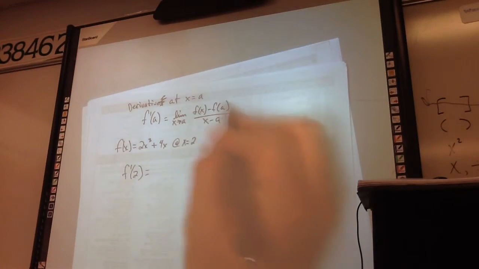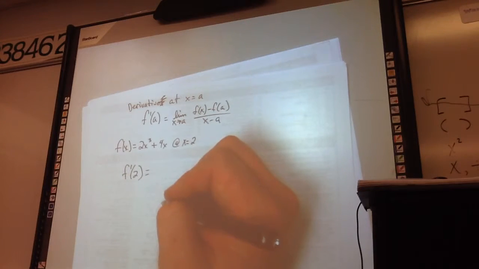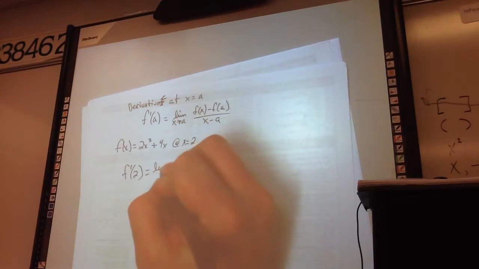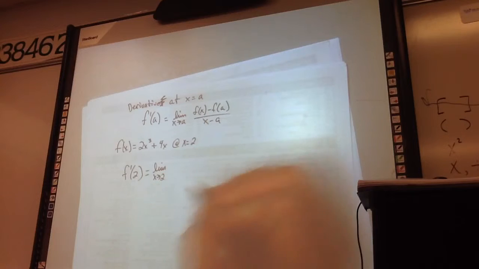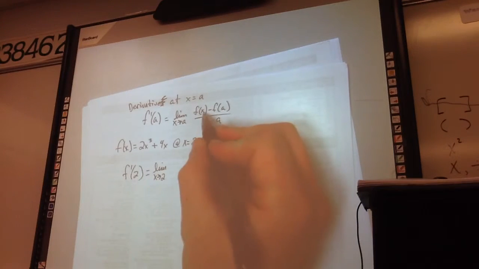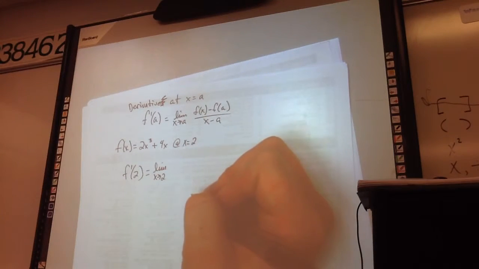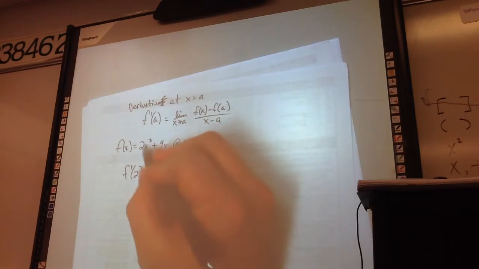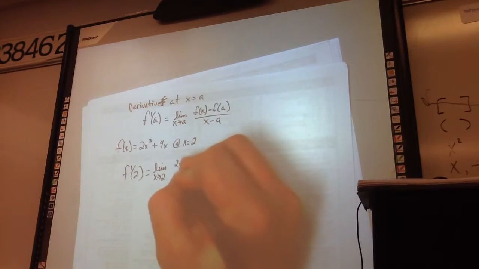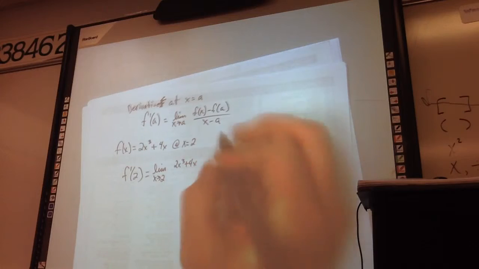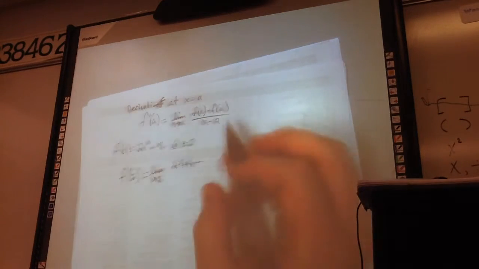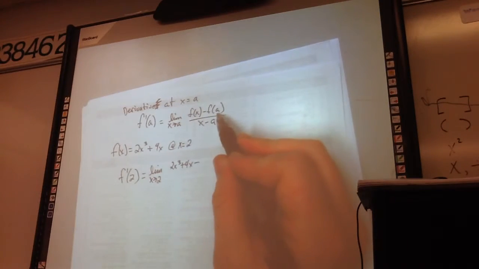Then you could just use this. So you do the limit as x approaches 2. What's f of x? The original. So you go 2x to the third plus 4x minus f of a.